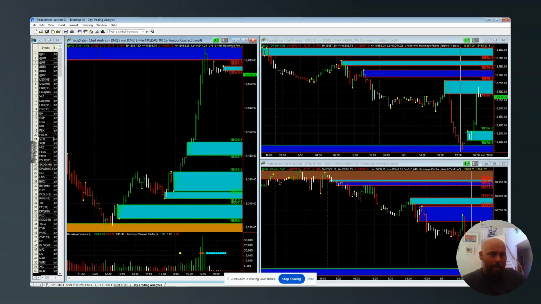If you're comfortable getting long at a low because you've built enough evidence to believe that there's a rotation, this turned into a 1,400 plus tick rally from this green bottom directly into this overhead resistance zone.